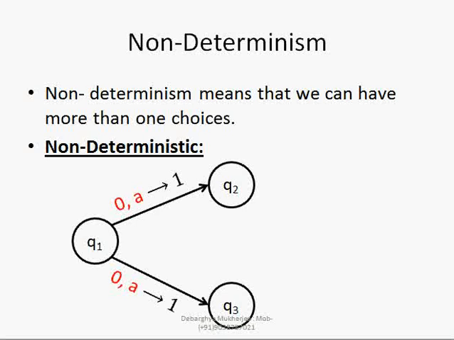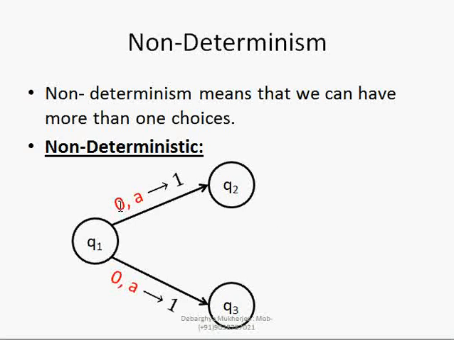If we apply 0 over S, then it can go to A, and if we apply 0 over S also, then it can go to B. So if we have 0 in our input symbol, then the machine or the user will get confused where our next state will be.